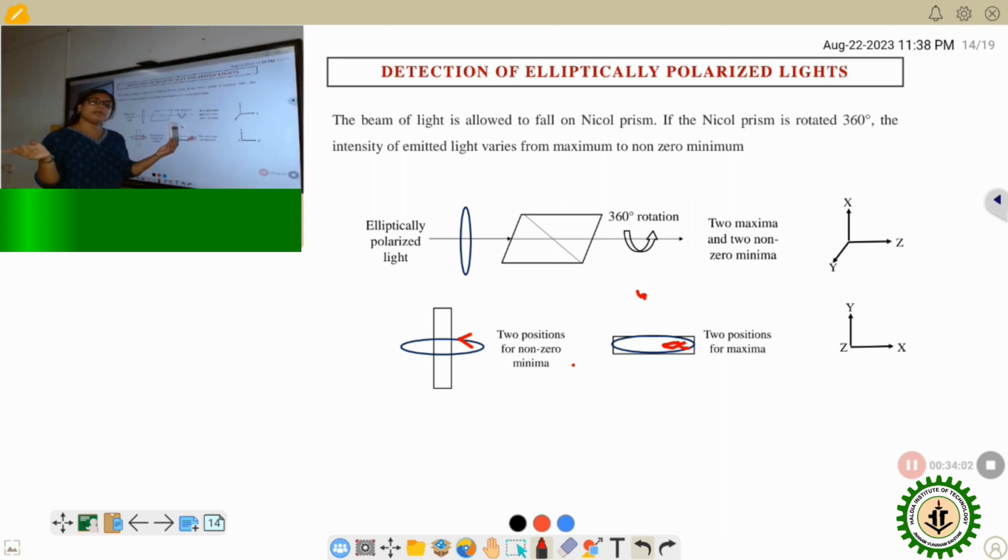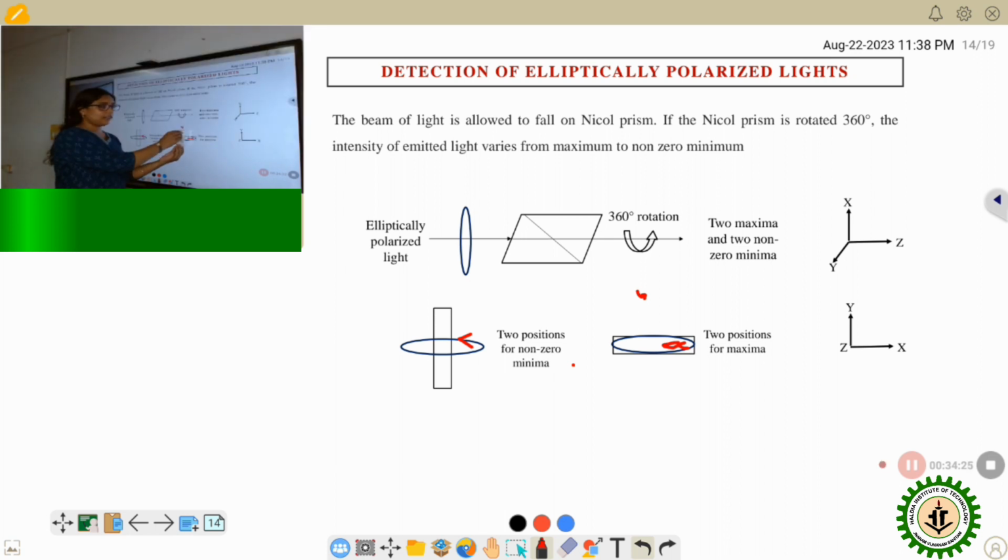But the difference between elliptically and plane polarized light is that this minimum is not zero, so we get a non-zero minimum intensity here. Again, as we go on rotating the crystal, at this position we get the highest intensity which we got 180 degrees earlier.